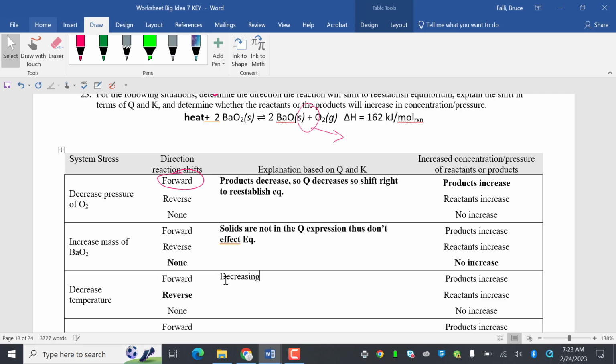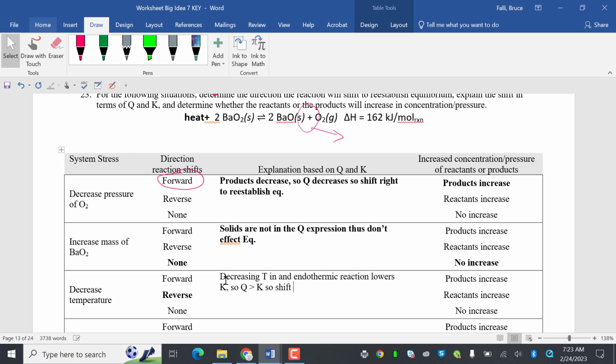Decreasing temperature in an endothermic reaction lowers K, so Q becomes greater than K. If it lowers K, then Q will be too big. Q will be bigger than K, so I have too many products.